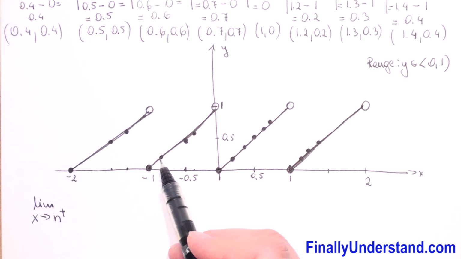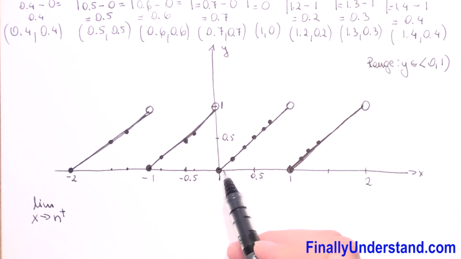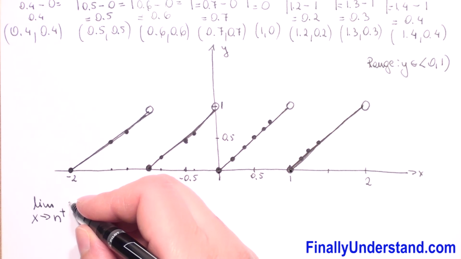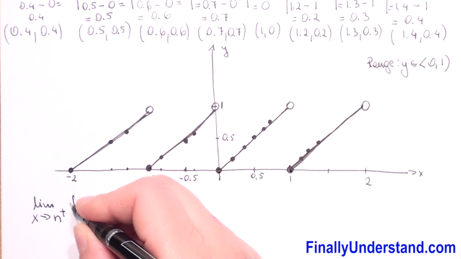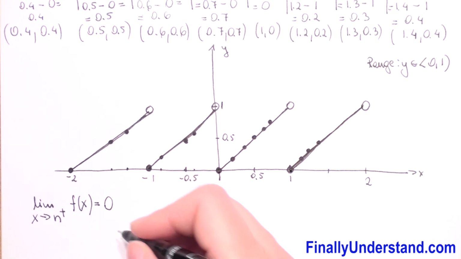When we approach negative 1, the value is 0. When we approach 0 it is 0. When we approach 1, the value is 0. So the limit as x approaches n from the right side of f of x is equal to 0.